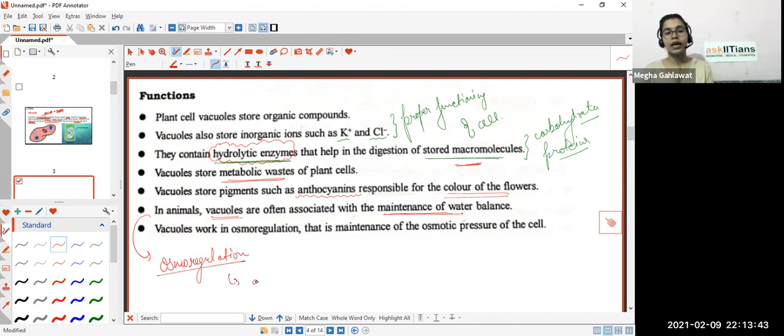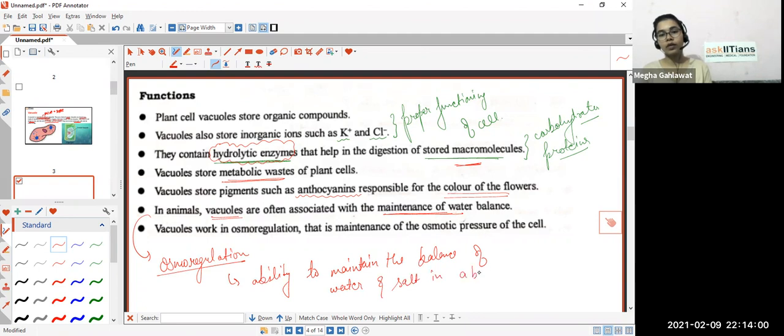Osmoregulation is the ability to maintain the balance of water and salt in a body or a cell, right? If we do not maintain the proper cell water or salt balance, it may lead to endosmosis or exosmosis.